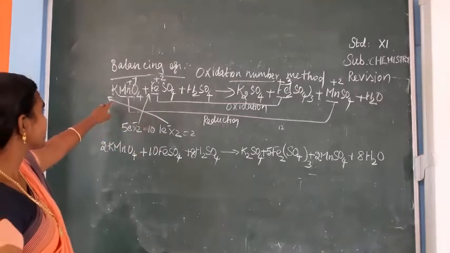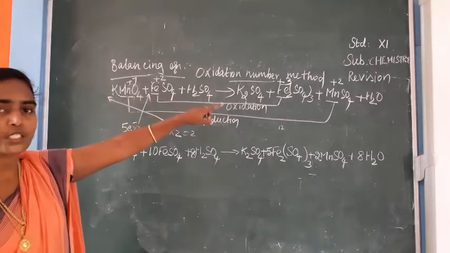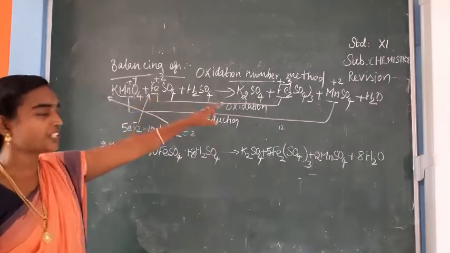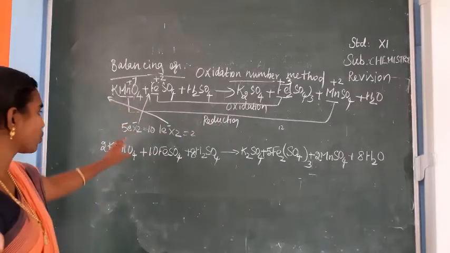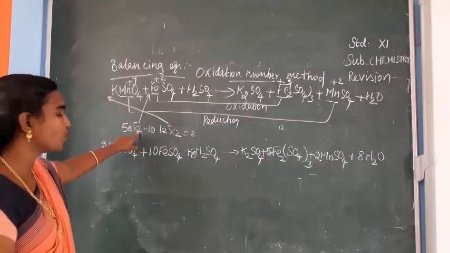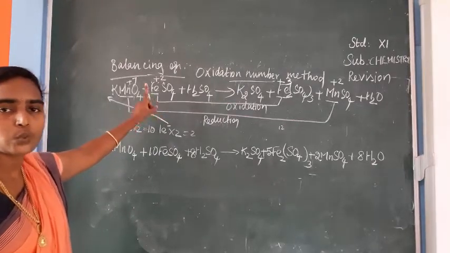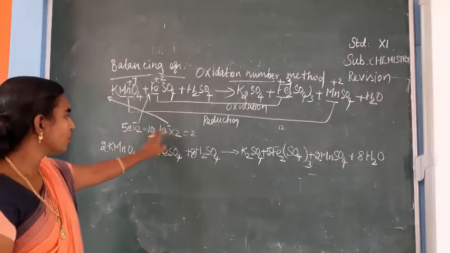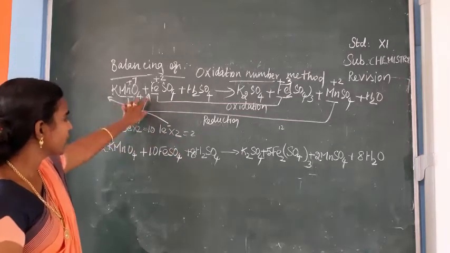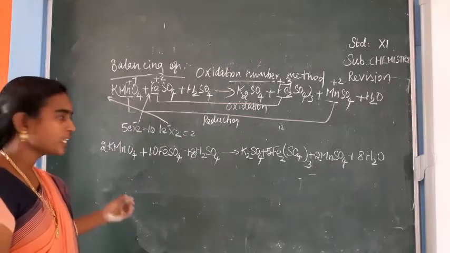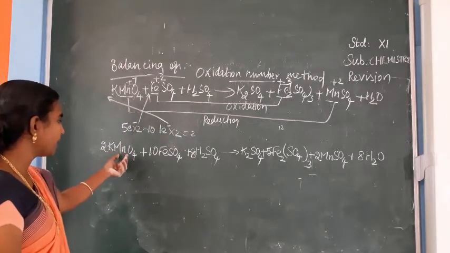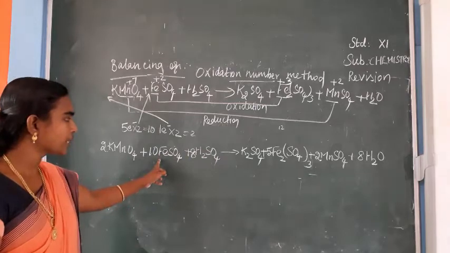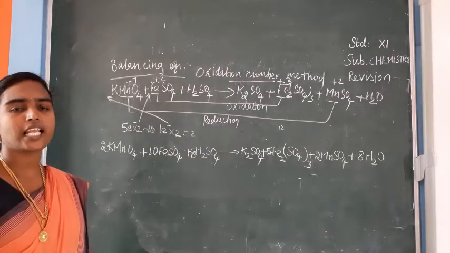For Mn, plus 7 to plus 2, the difference is 5 electrons. For Fe2+ to Fe3+, the difference is 1 electron. Afterwards we multiplied by 2. Why? Here the number of moles of iron is 1, but on the product side it is 2, so we multiplied by 2. Then this number should be taken across. Afterwards we checked the metals K, Mn, Fe, then we wrote that 2 there. Then we balanced the hydrogen atoms, and next the oxygen atoms were also balanced.